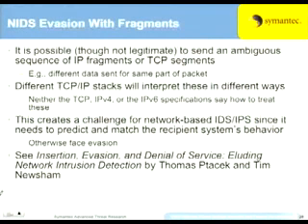Okay, and now we'll go into some of what we found from IP and TCP segment reassembly. Just as background for those that aren't familiar, it's possible, though not legitimate, to send an ambiguous sequence of IP fragments or TCP segments.